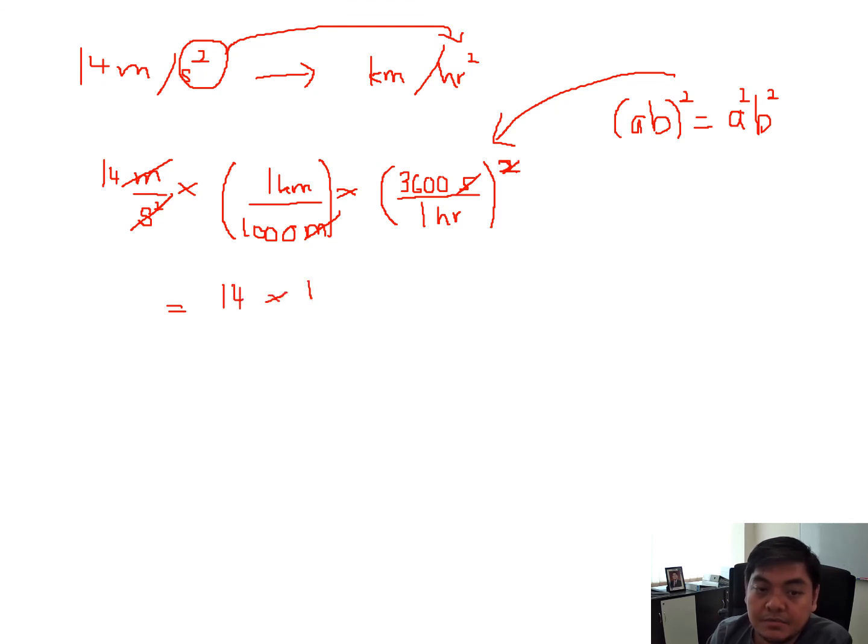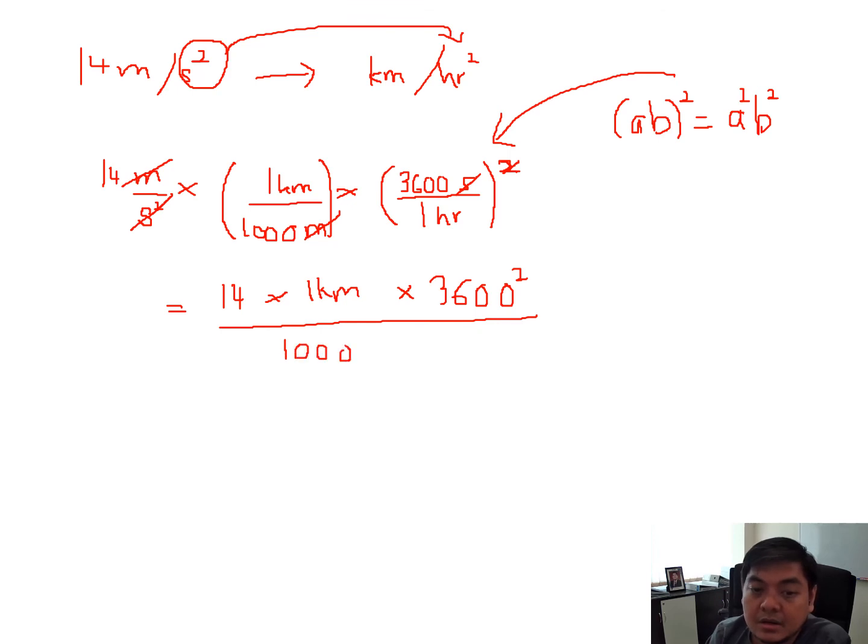14 times 1 kilometer times 3600 squared. Don't forget to square or else you get wrong answers. Divided by 1000 times 1 hour squared. Okay, 1 is also squared because 1 squared is equivalent to 1. So you don't have to worry when you deal with 1, because if 1 is squared, it only becomes 1. So therefore the value should be equivalent to a certain value.